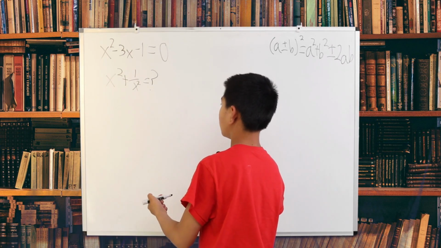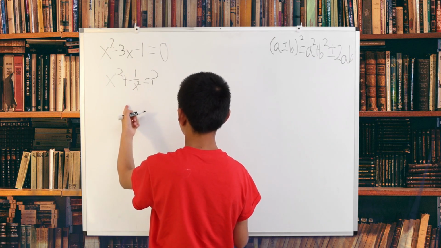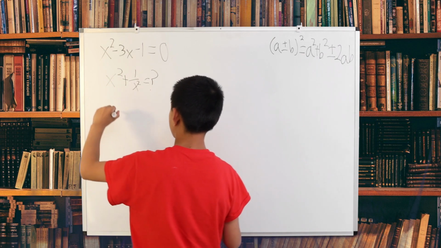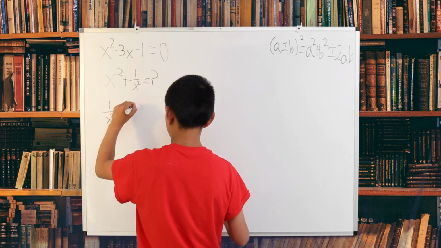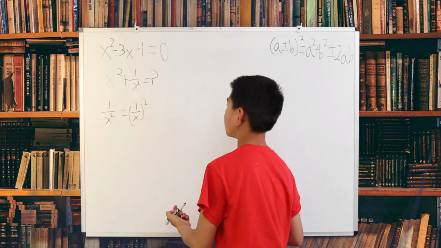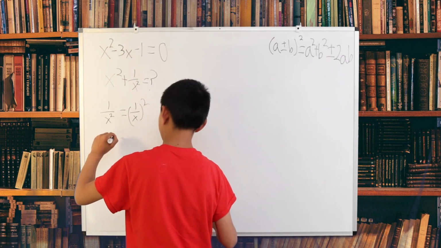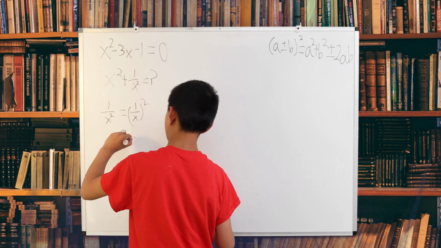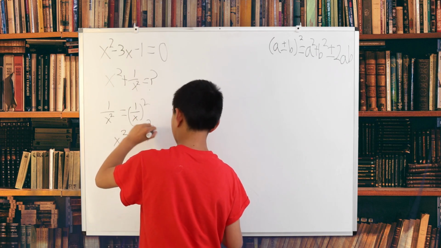So first of all, we have to realize that we can make 1 over x squared into a square. So 1 over x squared, you can just rewrite this as (1 over x) squared, right? So now you can rewrite this equation here as x squared plus (1 over x) squared.